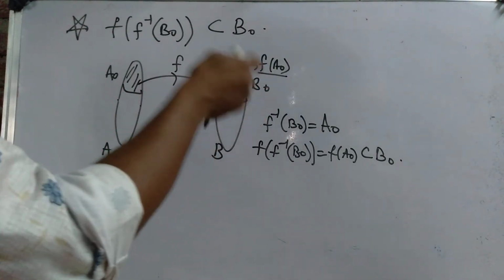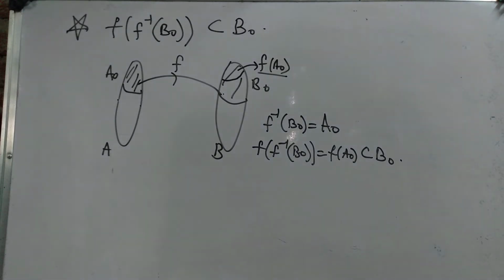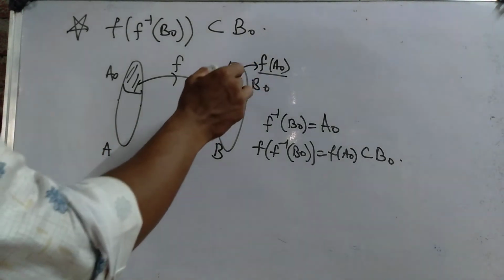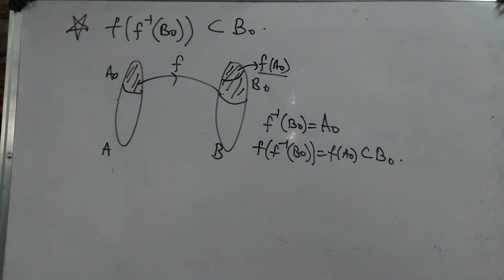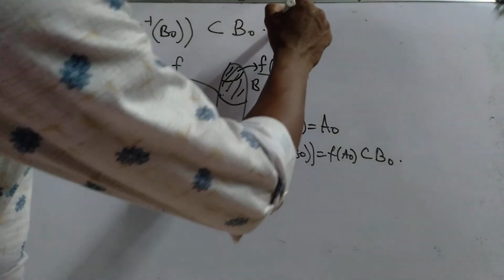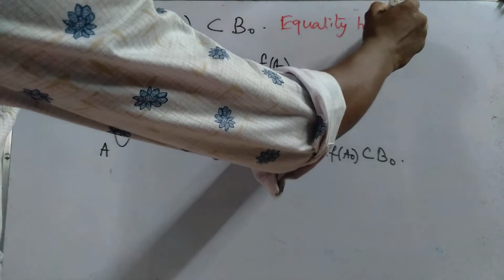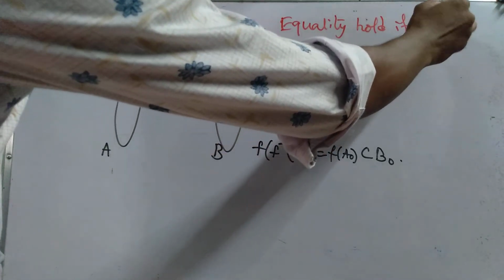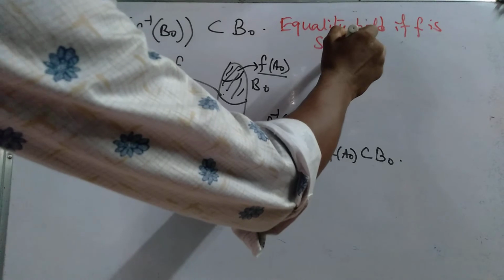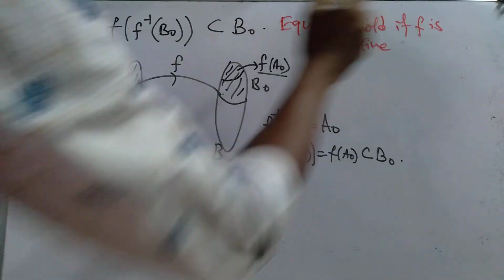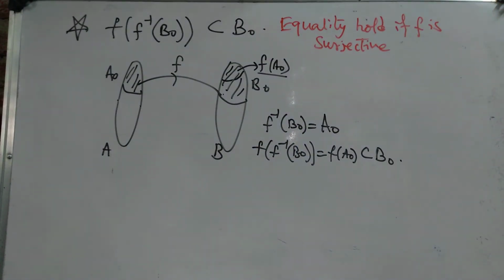But the pre-image of B0 is obviously A0. In this figure we write a simple example, and here equality holds. When does equality hold? If f is surjective, that means onto. If f is onto, then this equality holds. Then how do we write it? We check it by a simple example.